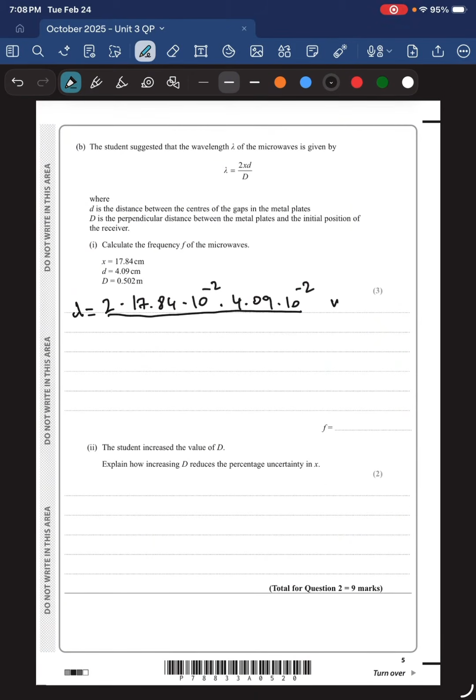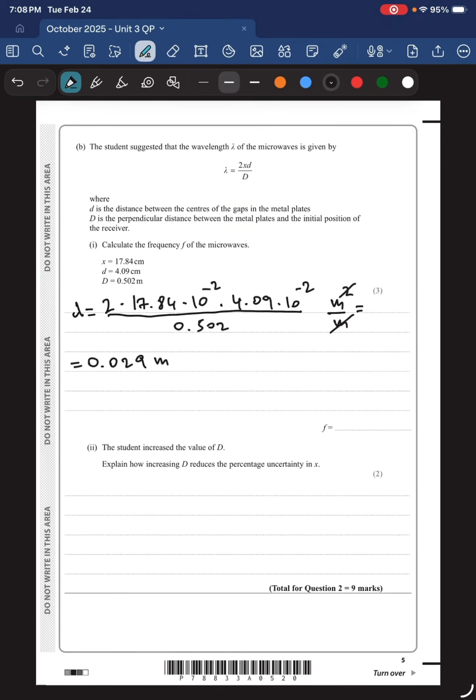And this is meters squared because we are multiplying two lengths, right? And then we divide with a length, 0.502, also meters. So meters cancel, and we find the wavelength as equal to 0.029 meters.